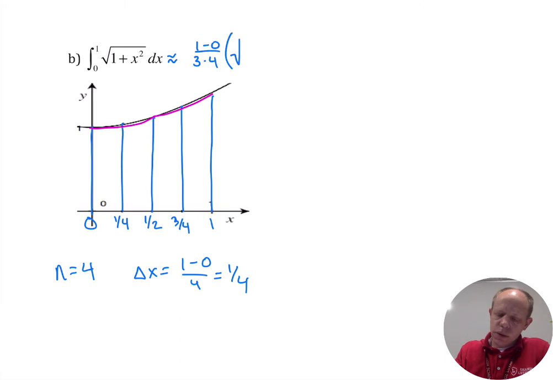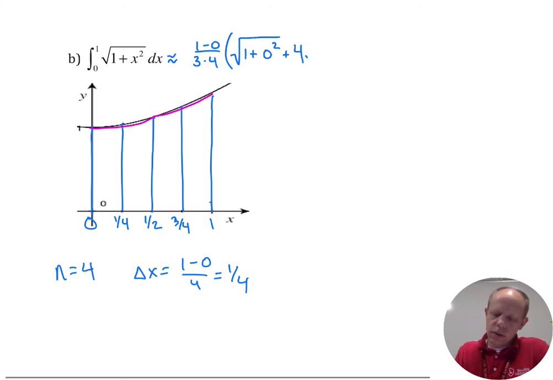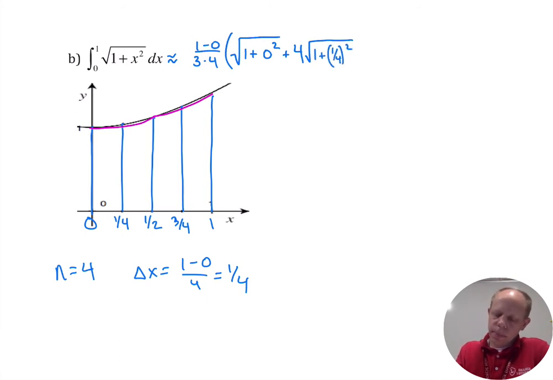And this is going to be the square root of 1 plus x squared. So 1 plus x squared. The very first one will be 0 squared. And then we want 4. So it goes 1, 4, 2, 4, 1. So 4 square root 1 plus 1/4 squared.